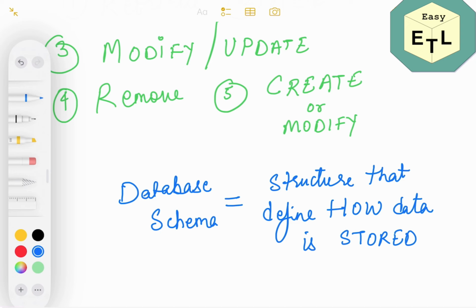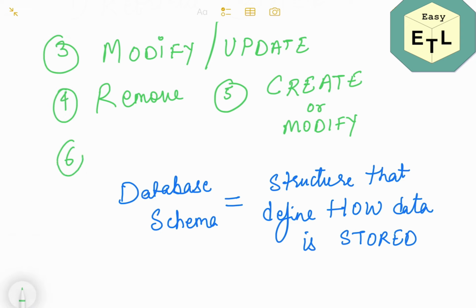Now, the sixth key operation in SQL is defining constraints, right? This is very important because we want to take control of how we store the data in our tables, right? We would want to have a criteria that only whole numbers, integer values can be inserted in the age column.